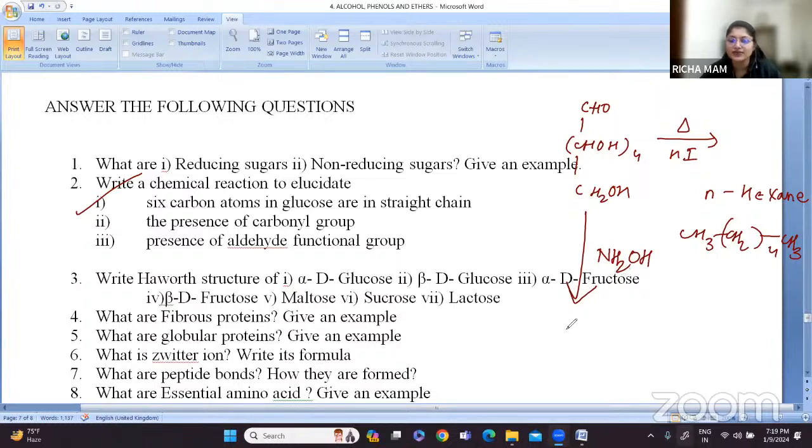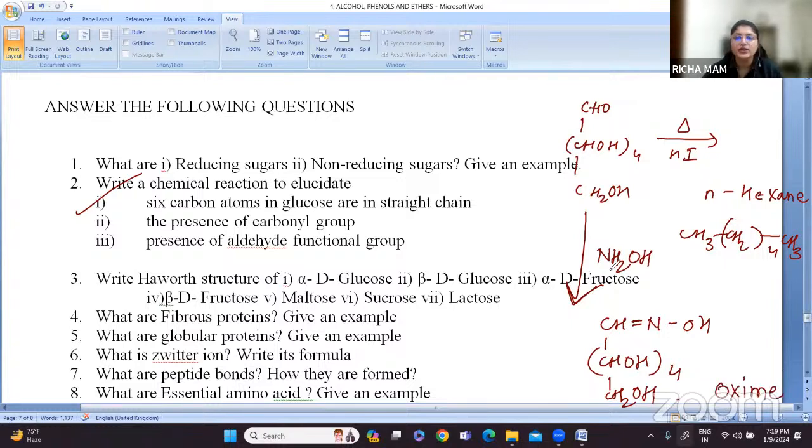So what it forms is CH double bond N-OH, then CHOH four times, and CH2OH. So this is the reaction. It is forming an oxime. Oxime formation shows that the presence of carbonyl group can be determined like this.